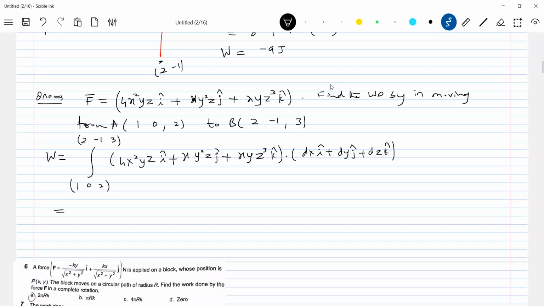Then i dot i will be 0. So from that I will write 4x square yz dx, dy plus xy.